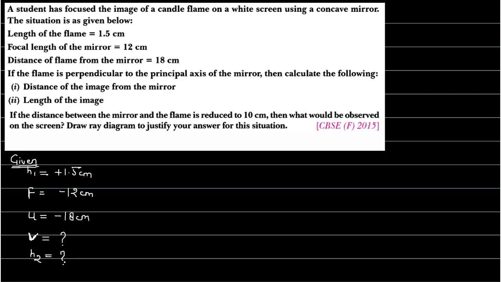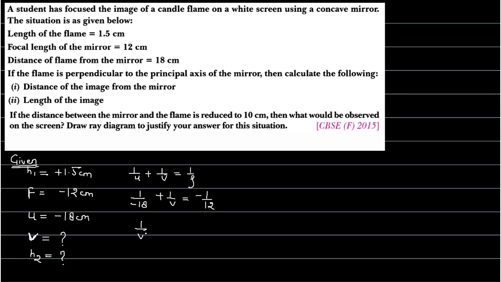Let's see. To find v, let's put the mirror formula: 1 upon u plus 1 upon v equals 1 upon f. 1 upon u is minus 1 upon 18, plus 1 upon v, which we don't know, equals 1 upon f, which is minus 1 upon 12.